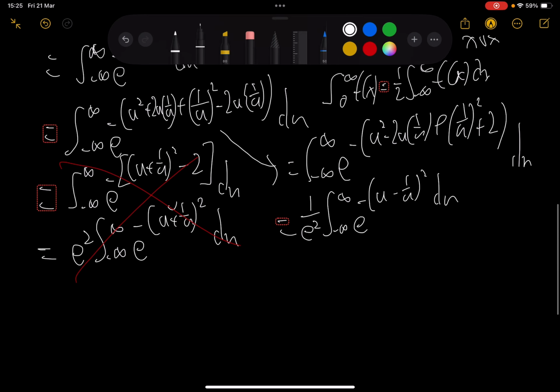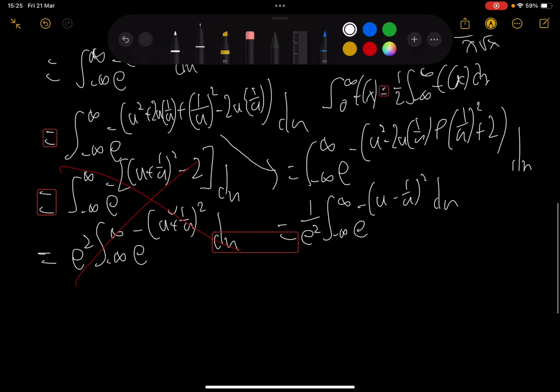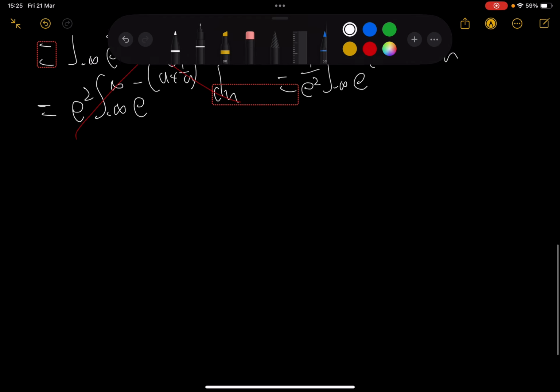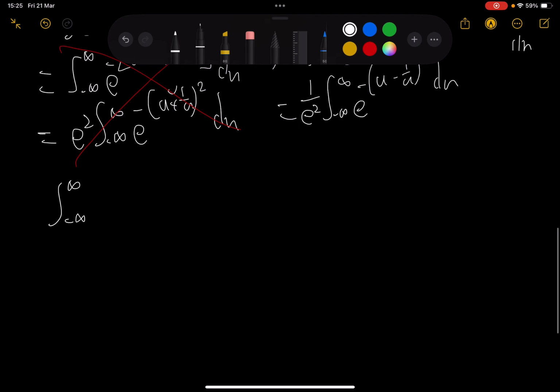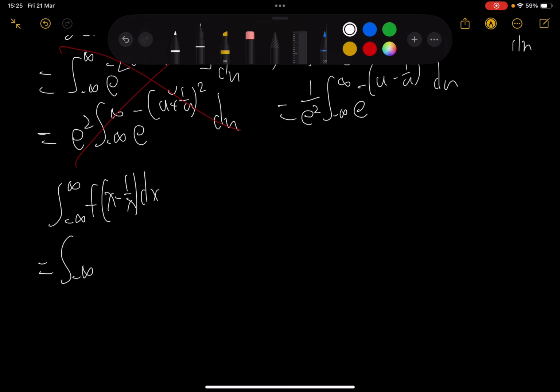And then we can use our identity. We have a formula which is the integral from negative infinity to infinity of e power of negative f of x minus 1/x dx. This is equal to the integral from negative infinity to infinity of f of x. And this function needs to be even.